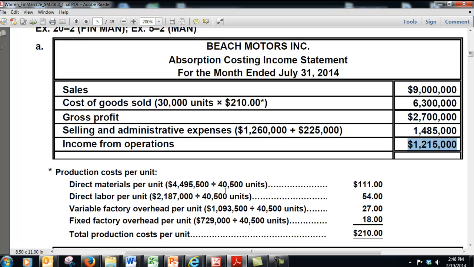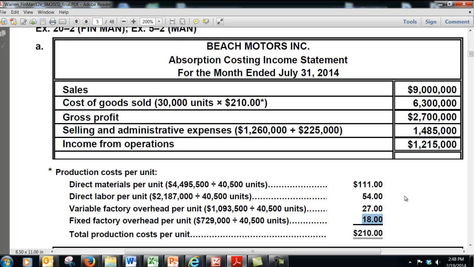Once we know how much we increased inventory, we simply multiply it by this number right here. $18 per unit is the fixed factory overhead per unit. So if we multiply 18 times 10,500, we get a difference of $189,000.